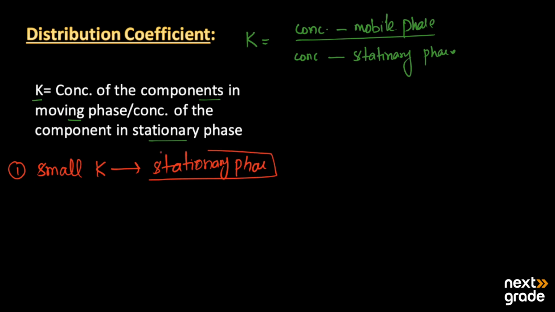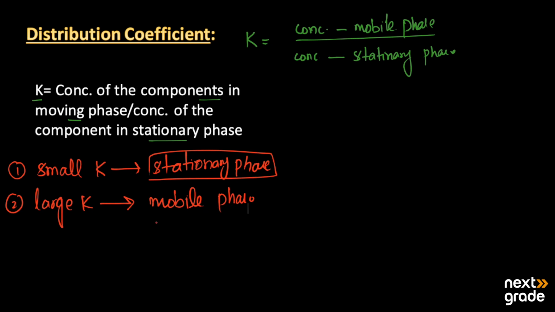On the other hand, when the components have a very large value of K, they remain largely dissolved in the mobile phase. So this is a simple chromatography and its distribution law.